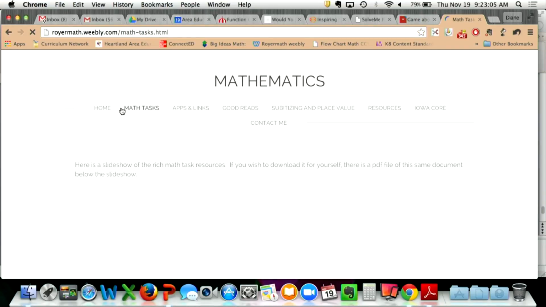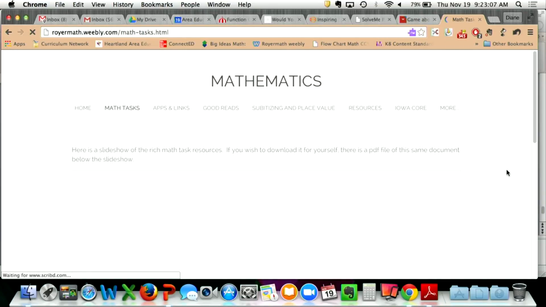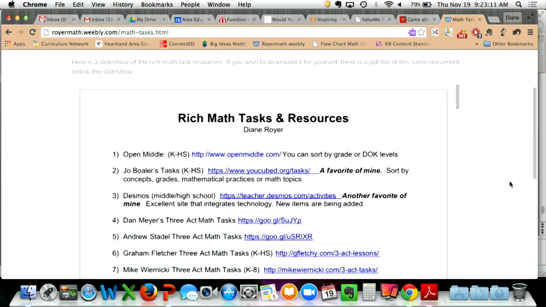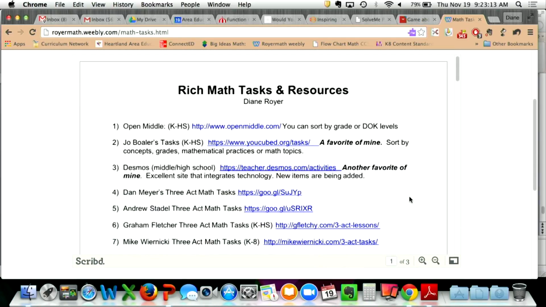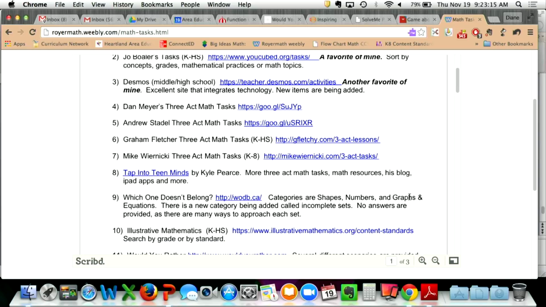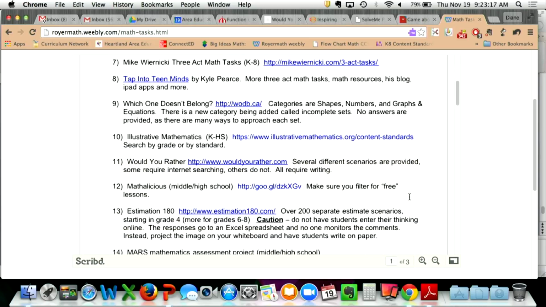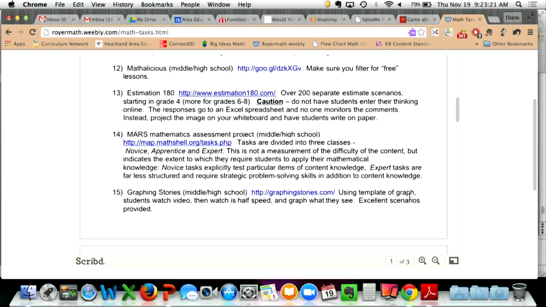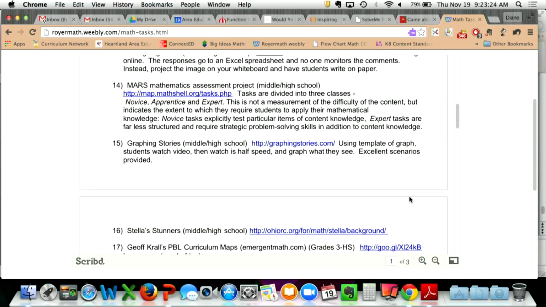So in this Math Tasks tab, when I click over there, the very first one, when it loads, is a slideshow. And if your mouse is in here, you can slide through. I've tried to give you an idea of grade levels. I had so many, I had to pick some of my top favorites.